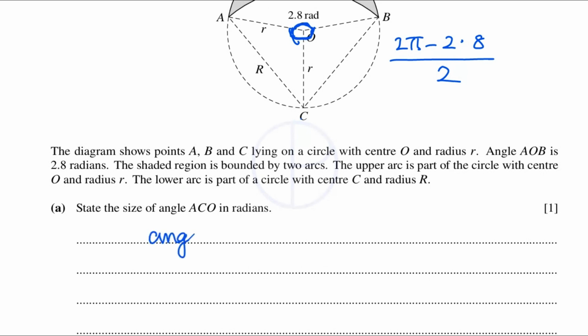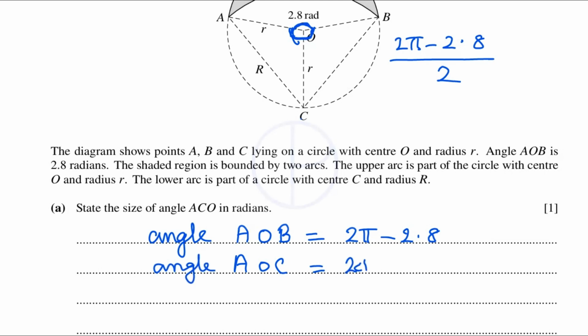So angle AOB is equal to 2 pi minus 2.8. Angle AOC is equal to (2 pi minus 2.8) divided by 2.